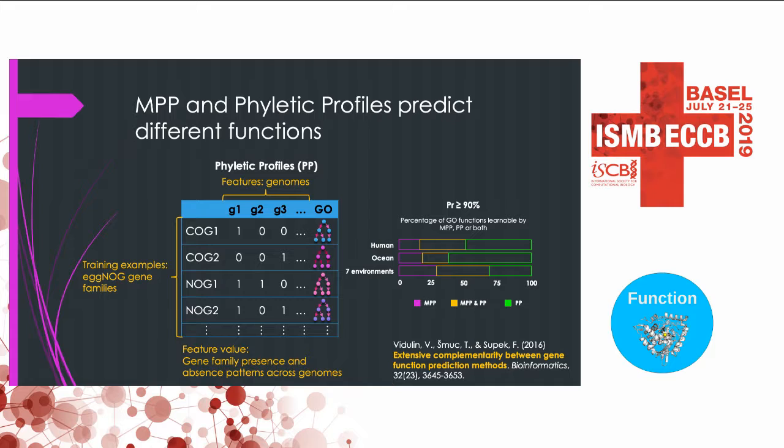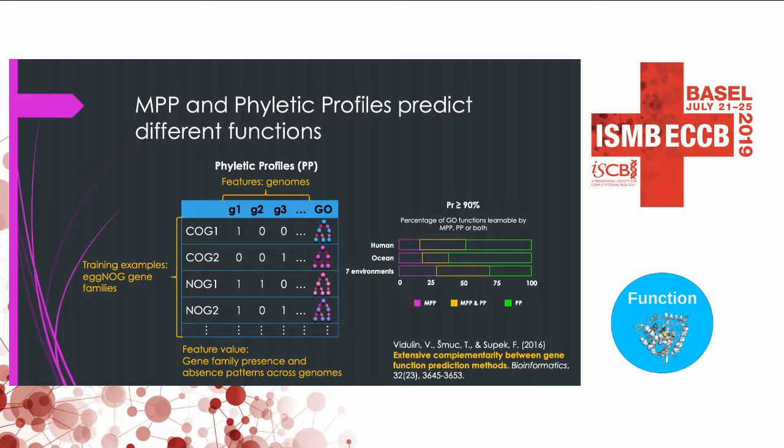So the results showed that when we have MPP with metagenomes only from a single environment, then phyletic profiles can learn many functions that are not accessible to MPPs and in a manner outperform MPPs.